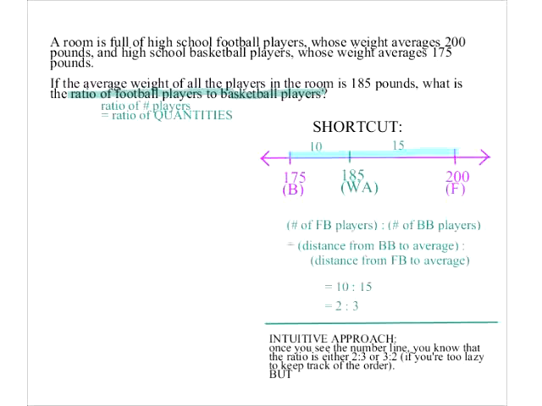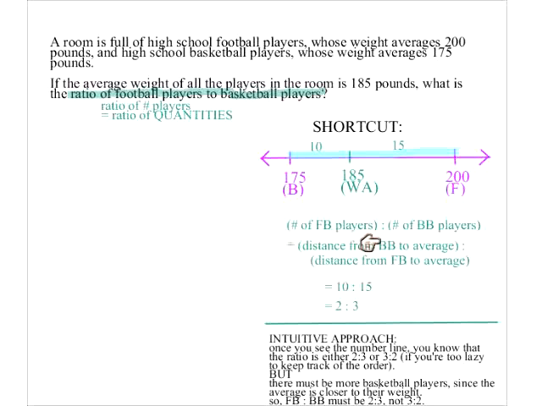But you can look at this and say there must be more basketball players since the average is closer to their weight. So football to basketball must be 2 to 3. So 2 ways that you can do this.